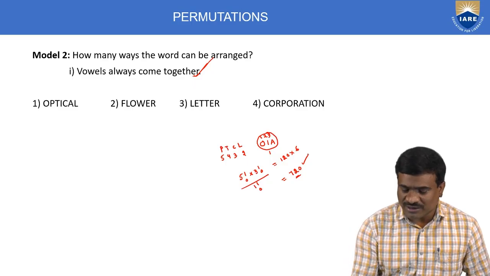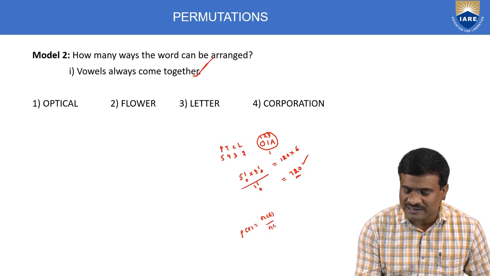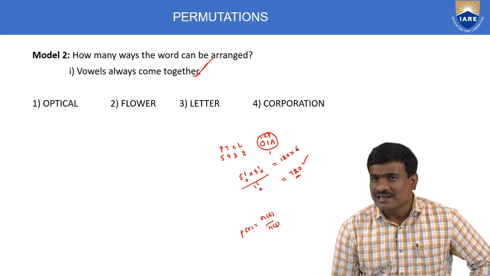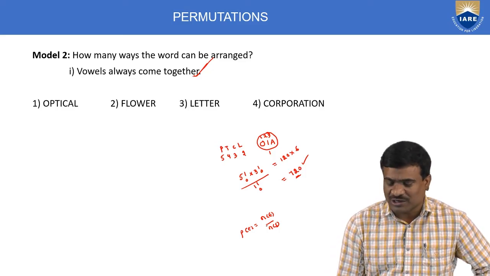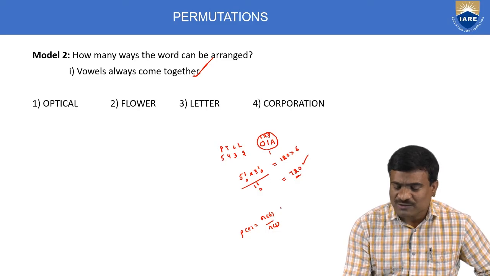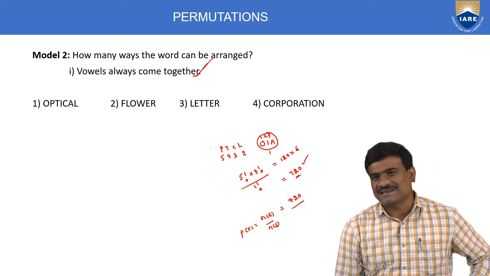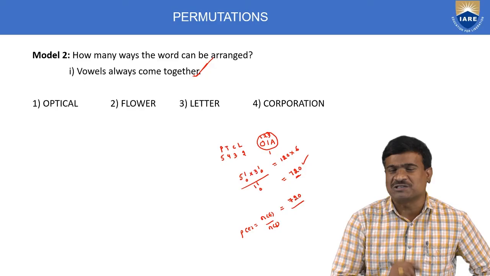The probability method is P(E). Here P(E) is equal to n(E) by n(S), where n(E) is the number of events. Here the event condition is that vowels always come together. From the above solution, n(E) is equal to 720, and the denominator is n(S). n(S) is nothing but the total number of arrangements.